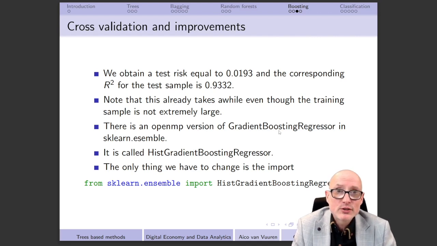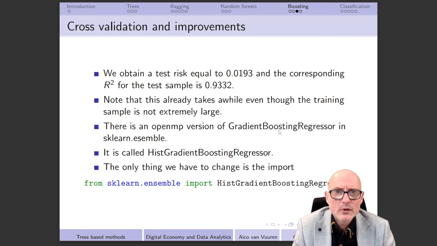What is true with respect to the gradient boosting regressor is that it only uses one processor on your computer. And take into account that most computers have at least 8 different processors, and quite a lot of computers have many more than just 8.